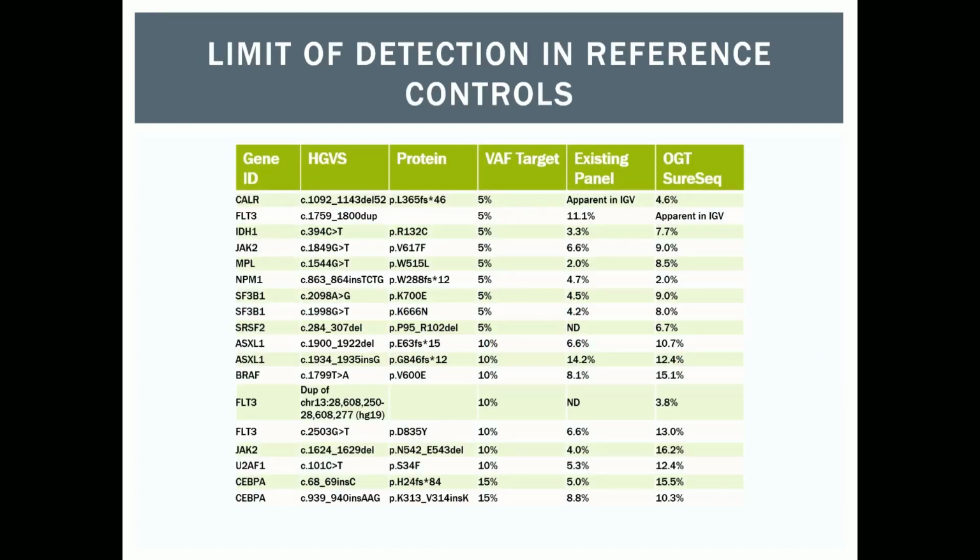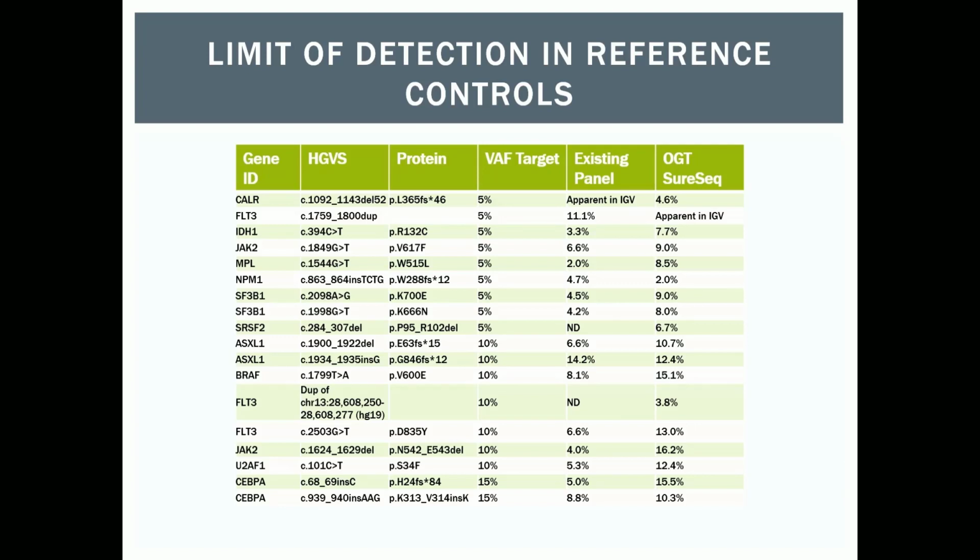The next thing that we examined was the limit of detection using established reference controls having known variants at allele frequencies between 5 to 15%. We used the SureSeq myeloid mutation DNA mix manufactured by SureCare. Library preparations were performed using either the existing amplicon-based test or the SureSeq capture hybridization assay.